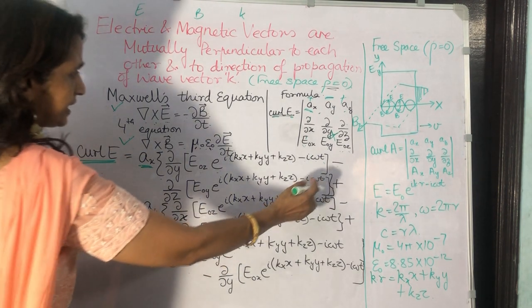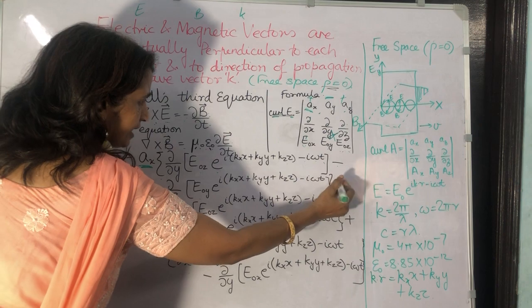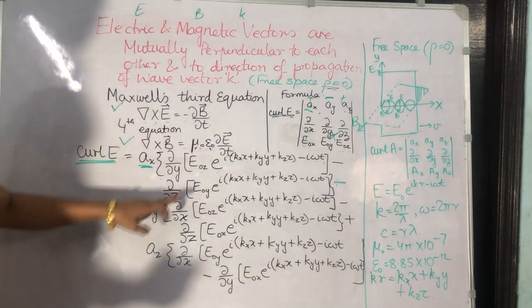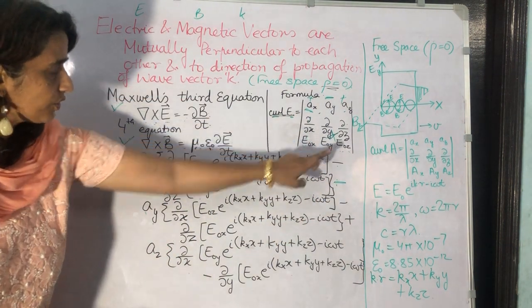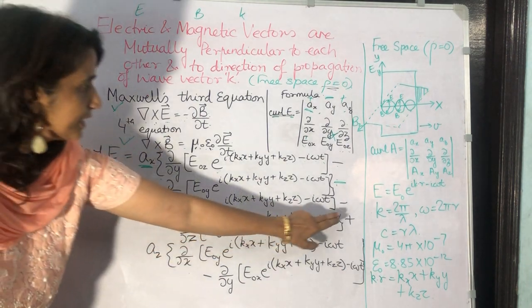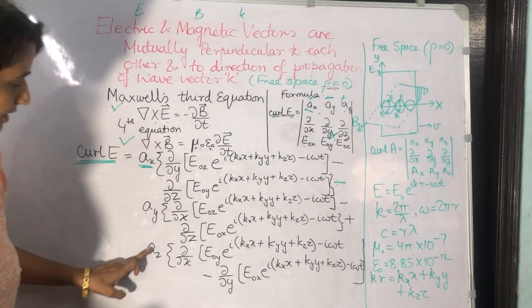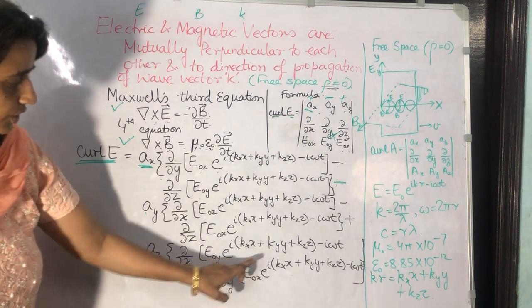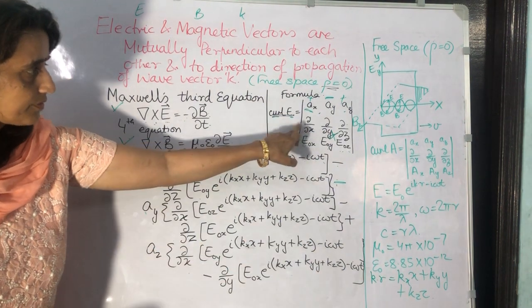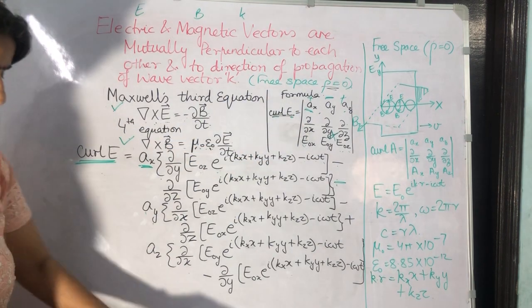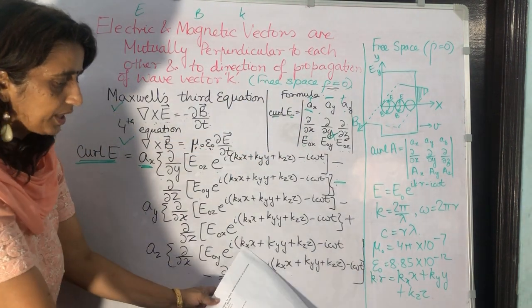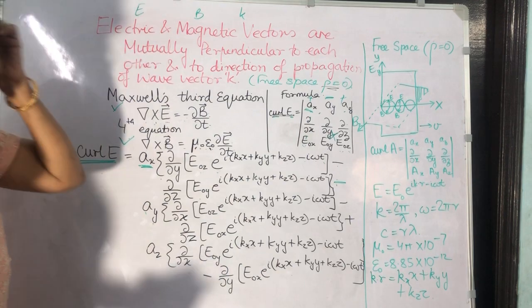Now this becomes minus ay into del by del x of E naught z minus del by del z of this, plus az del by del x of this quantity minus this. We have just solved this matrix, right? Now we begin to solve this expression further.